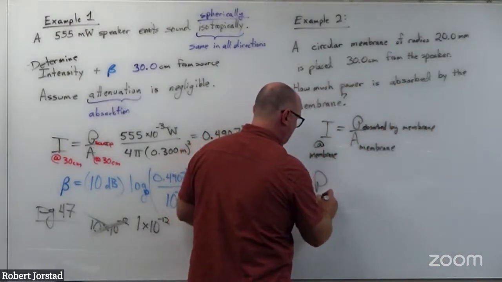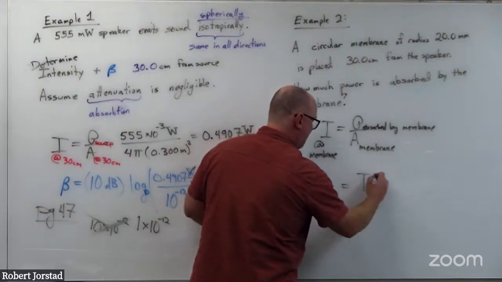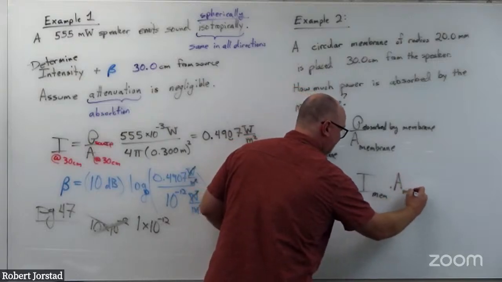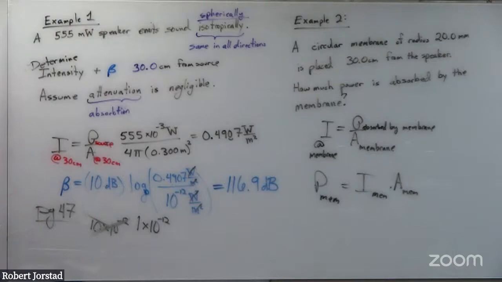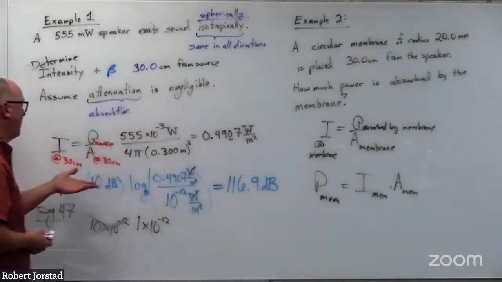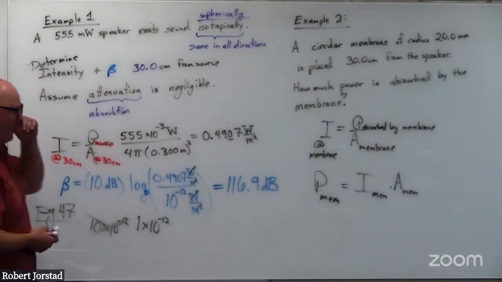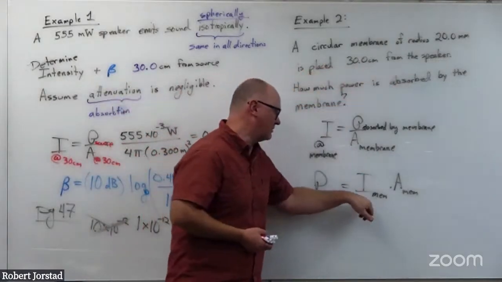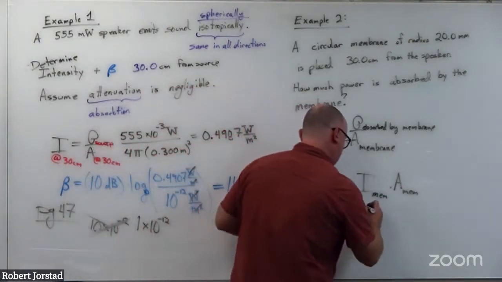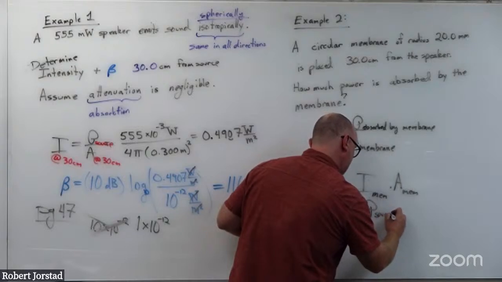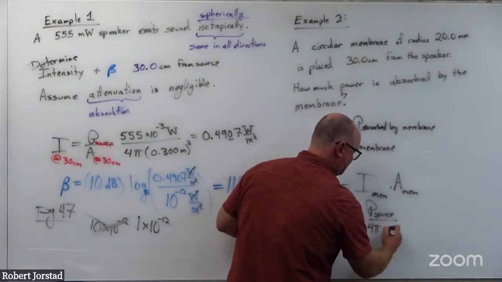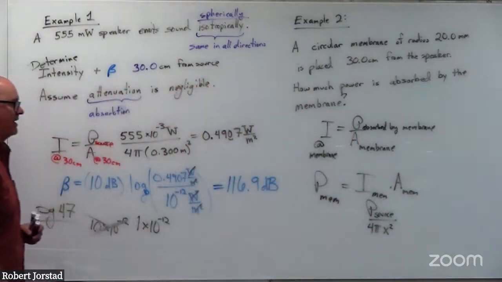So the power of the membrane is equal to I at the membrane times the area of the membrane. Now, the intensity at the membrane, that was what we figured out. At 30 centimeters, where the membrane is located, that would be this number right here. So I'm just going to put it like this: power of the source over 4 pi x squared, where x was the distance away.